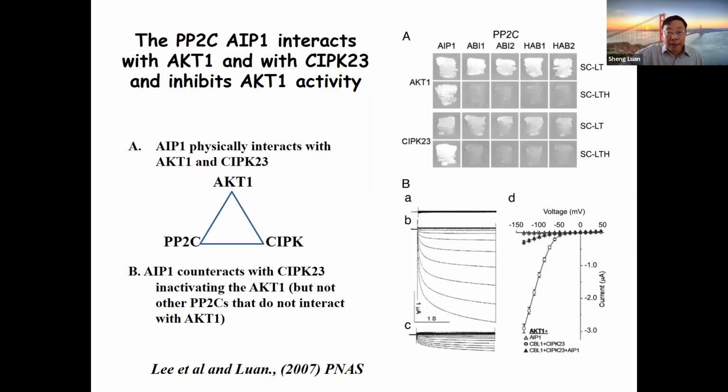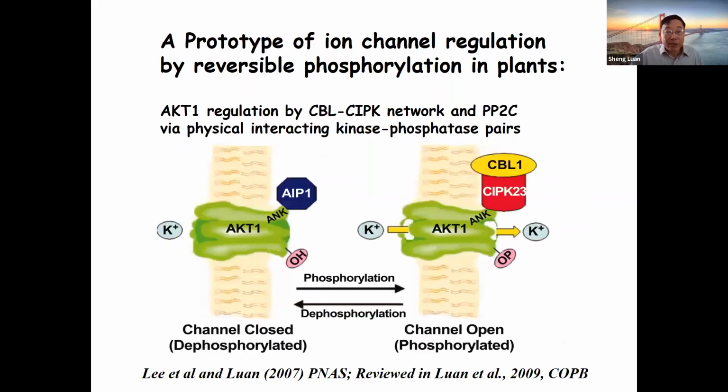Okay, now in summary, without showing all the detailed data, I just want to summarize this part of the talk. The AKT1 and CBL, CIPK, PP2C system forms a signal transduction network pathway that responds to potassium status in the soil.